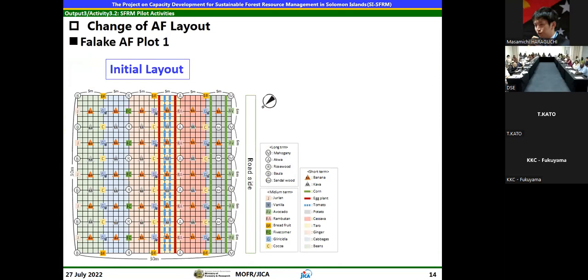Here you can see the layout of the same plot, plot 1. This is the initial layout. And different trees, medium term and short term. But there are changes in the short-term crops because they were doing crop rotation. So you might see different changes in medium and short-term crops because they rotated crops within the same plot.